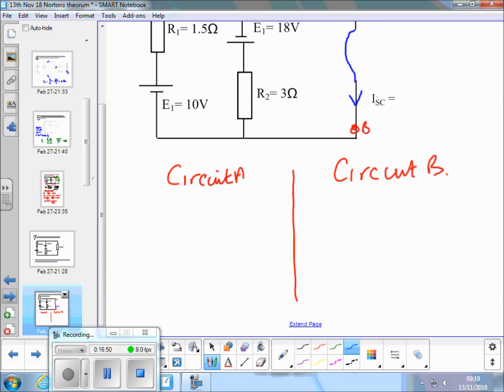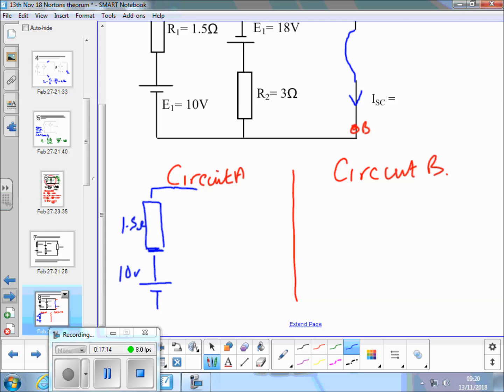What does circuit A look like? Well, we've got a voltage source E1, 10 volts, and a resistor R1, 1.5 ohms.